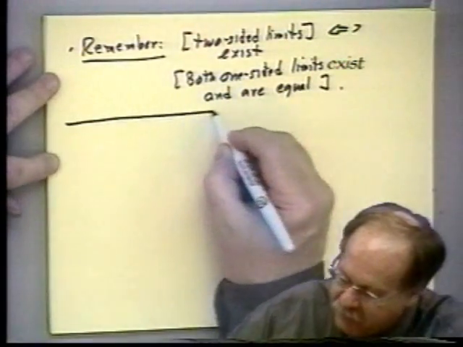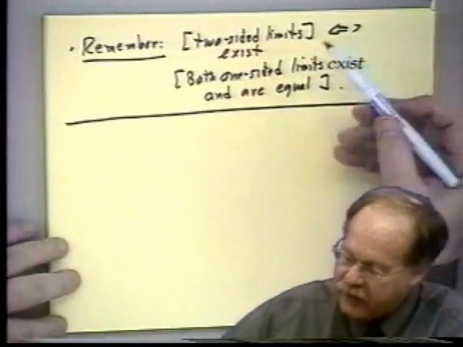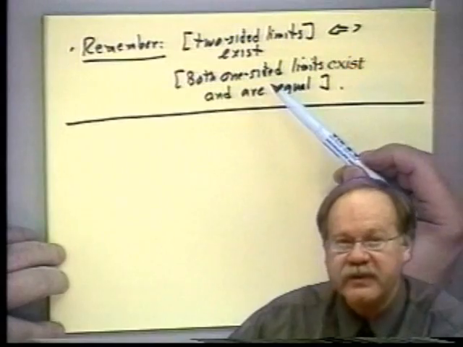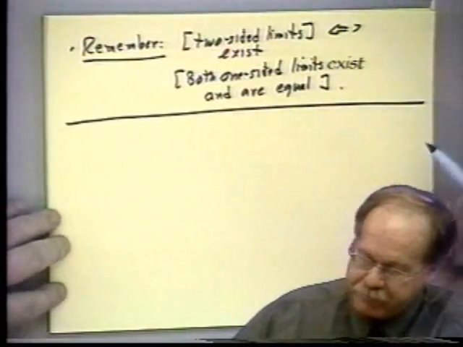Now that's something we did before, but it's good to remember that now. So if we have a two-sided limit that seems to be giving you difficulty, look at the one-sided limits, see if you can show they're equal or not.